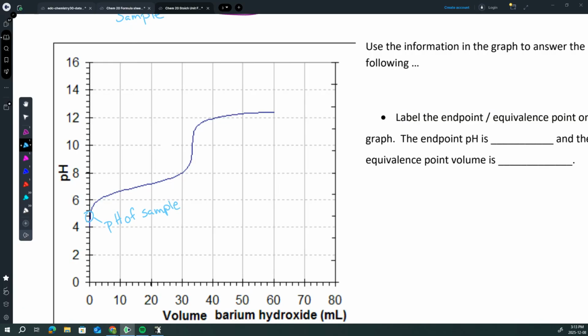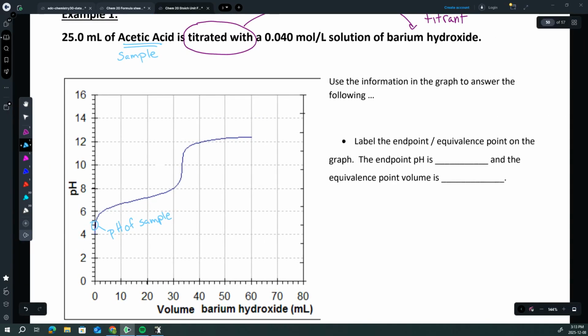So it makes sense that it's going to be around a pH of 5, because acetic acid, obviously it's an acid, and if you look it up in your Chem data booklet, you'll find that it is one of our weak acids. So again, it makes sense that it's not going to have a super low pH just because it's not a strong acid, but it's still within a logical range for a weak acid.